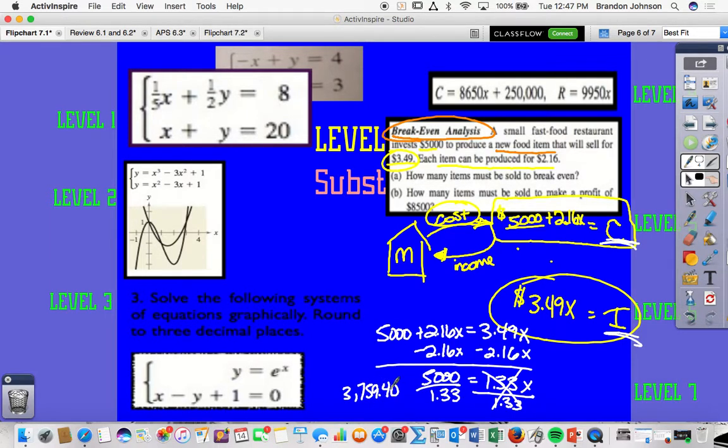Let me make sure I did that right. Awesome. So let's round up: on the 3,760th fast food item, we start becoming profitable in terms of the amount of items that we have to sell.